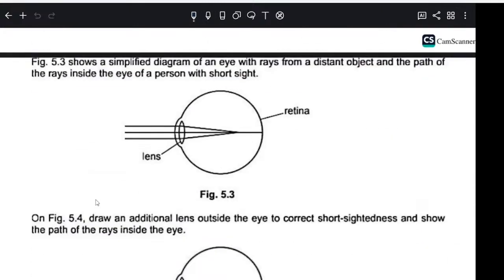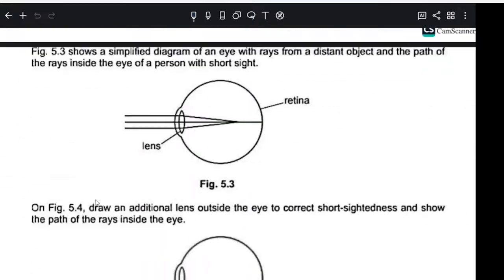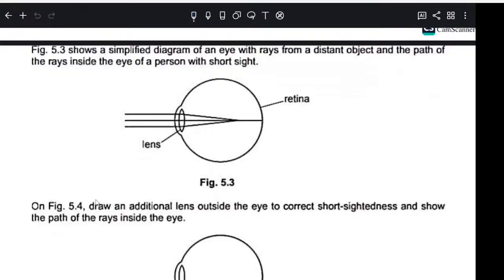Here is another one. Let's see if there was no other. Okay. Here is another one. Here is a simplified diagram with rays of a distant object. What does this person have? Clearly this person is short-sighted. The rays meet inside this eye.